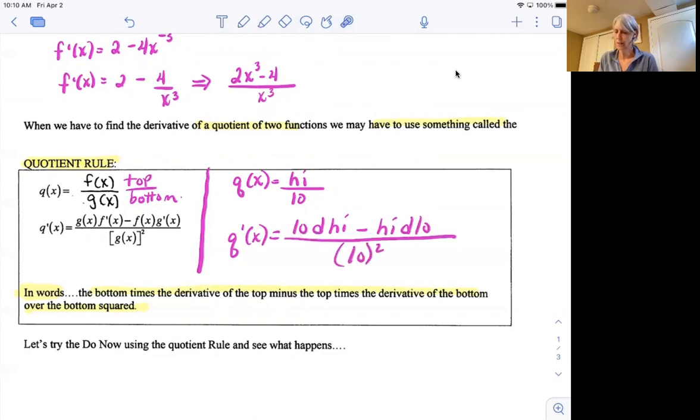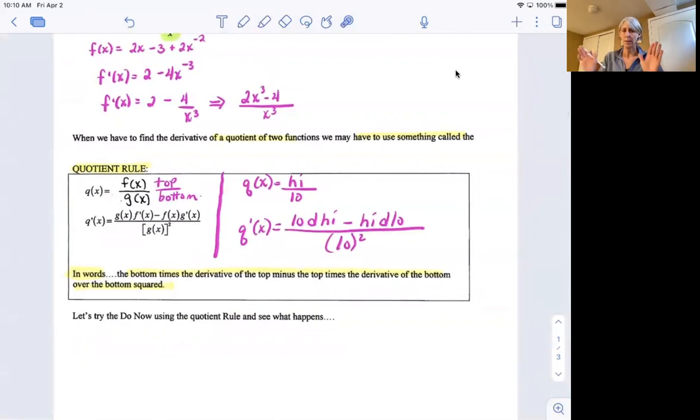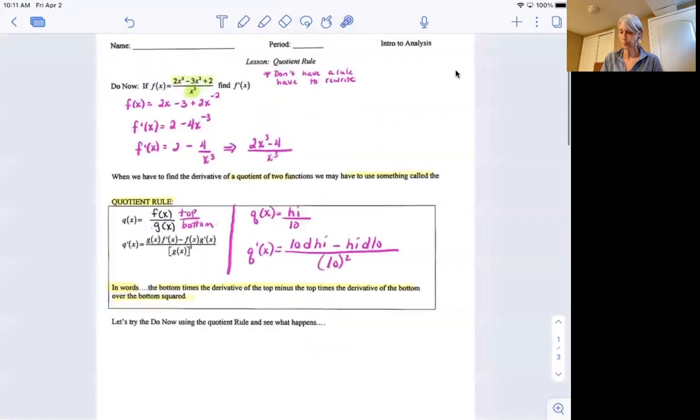Right, low derivative of high minus high derivative of low over low squared. That one messes me up, but by all means, if it helps you, do whatever you have to do.